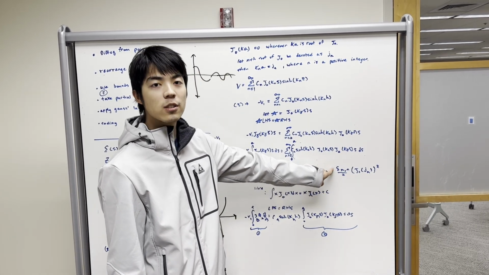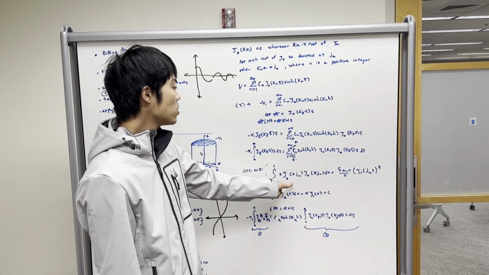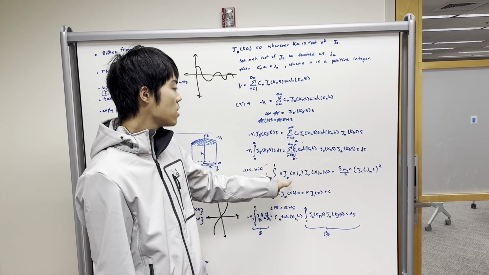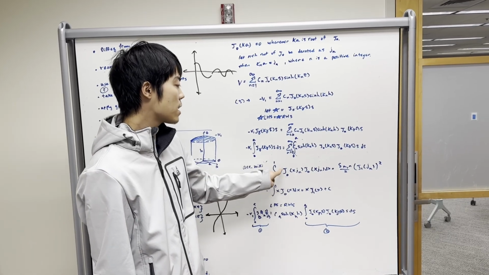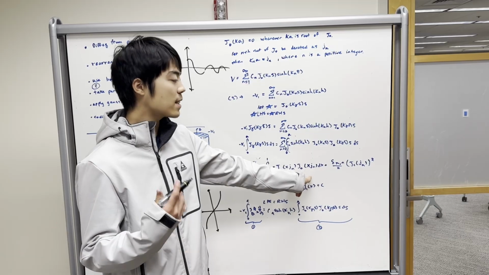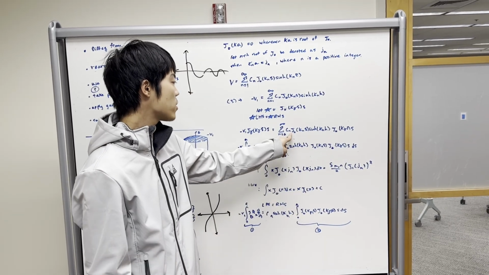Because we have a Kronecker delta here, the only way you get a non-zero result from integrating two Bessel functions together is if their parameter values are equivalent. So we can exploit that orthogonality property to solve for our Cn.